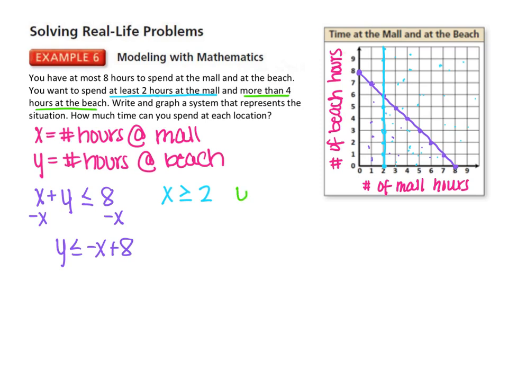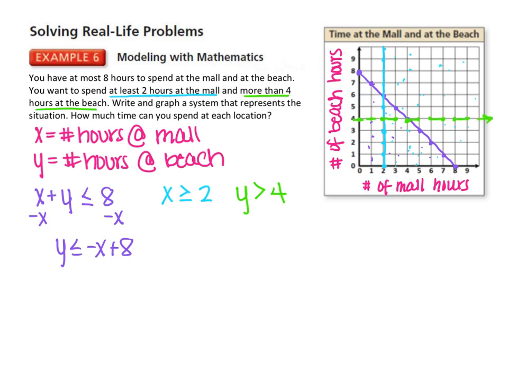So my beach hours have to be greater than 4. Right? So that means I'm going to have a dashed line where y is 4. Right?